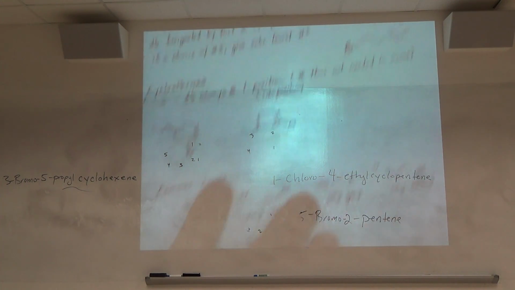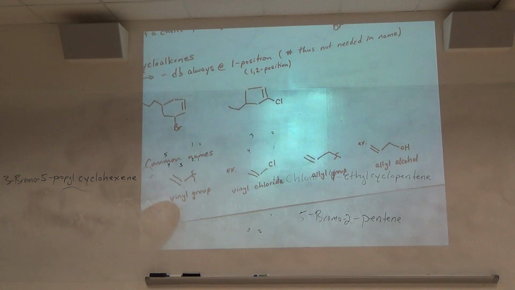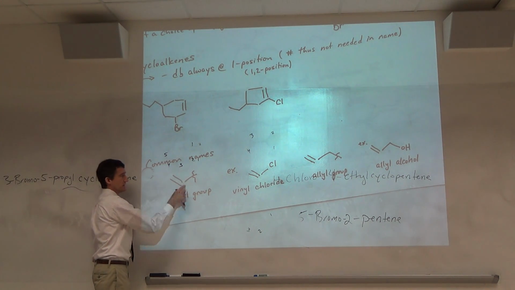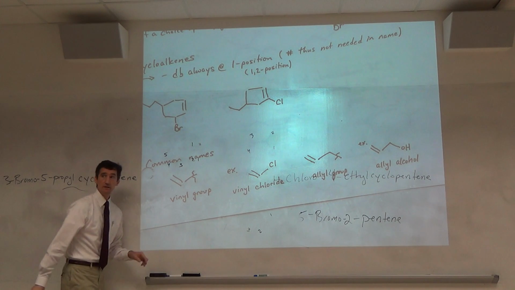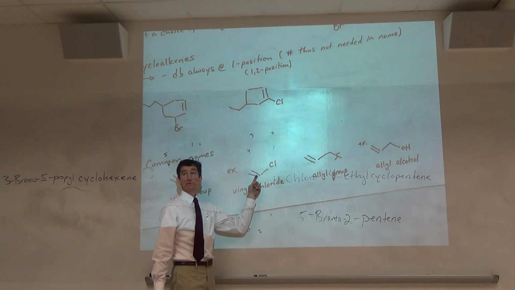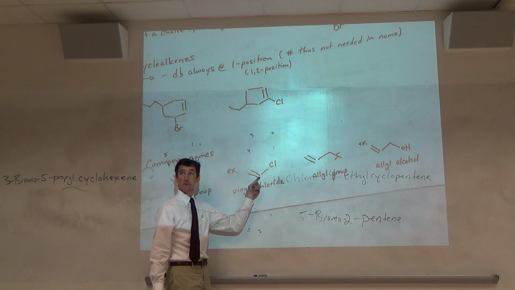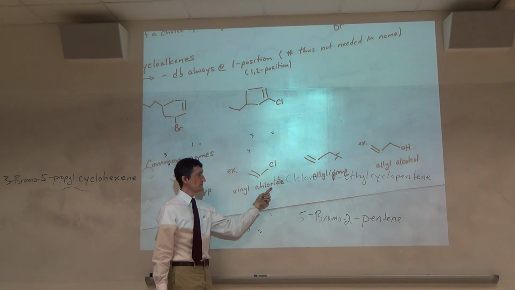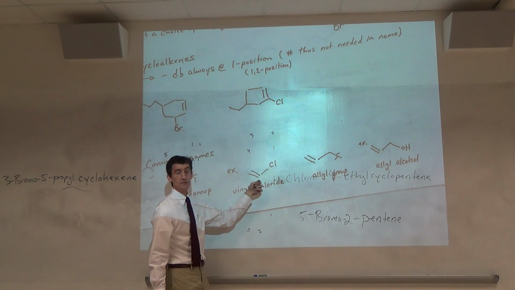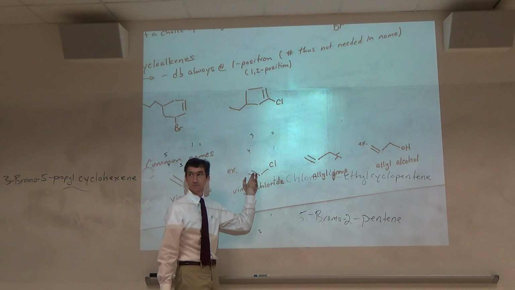Okay? There are some common names that include alkenes. If you have just a plain alkene, there's 2 H's and 1 H, and then something that's called a vinyl group. And this is called vinyl chloride as a slang name. And if you polymerize it, what do you get? Polyvinyl chloride. PVC? Like your sprinkler pipes.